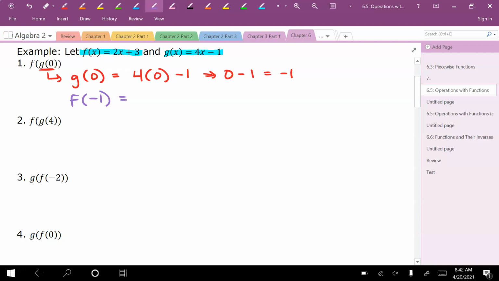So f's function is 2x plus 3. So we're going to take 2 times negative 1, putting in that negative 1 for x, and then adding 3. So 2 times negative 1 would be negative 2, and then plus 3 would be 1. And this is my final answer here.